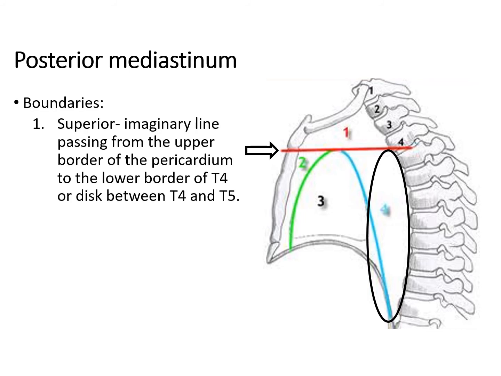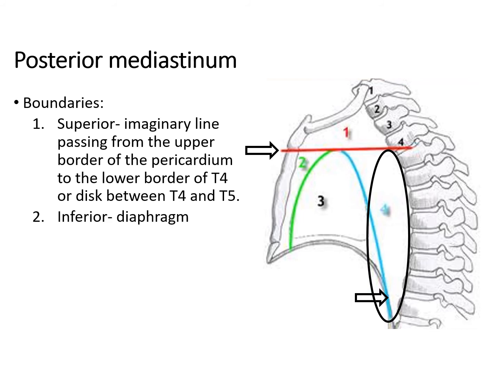So, the superior boundary is the imaginary line passing from the upper border of the pericardium to the lower border of T4, or between T4 and T5. As you can see, the anterior mediastinum and posterior mediastinum have the same superior border, which is your imaginary line.